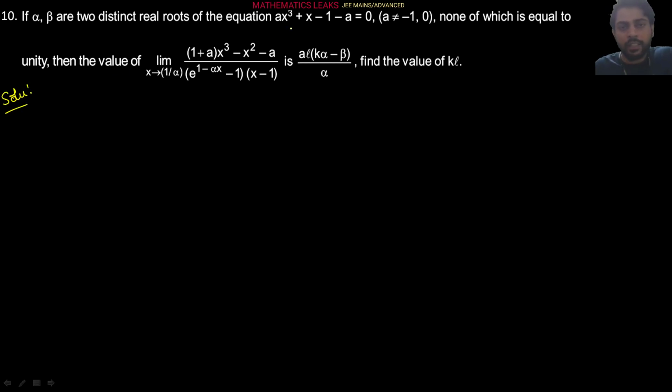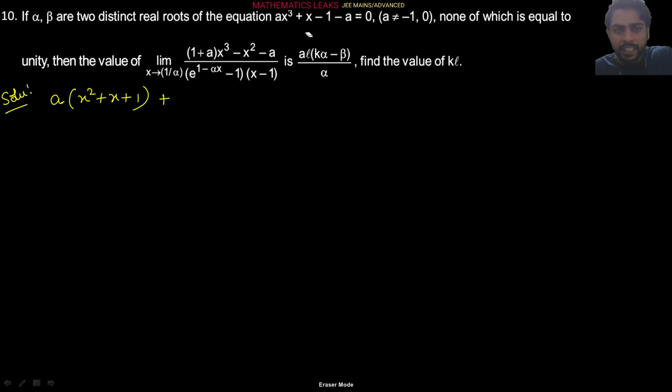First of all, let's solve this cubic equation. So here all the a terms together we are writing: a common, x cube minus 1. X cube minus 1 we can write as a product of two factors: x square plus x plus 1 into x minus 1.